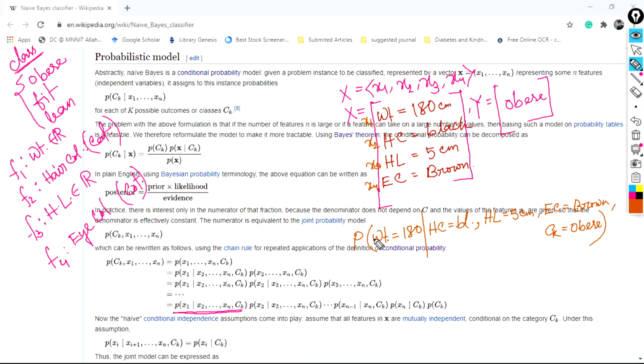Now we are interested in calculating this probability.